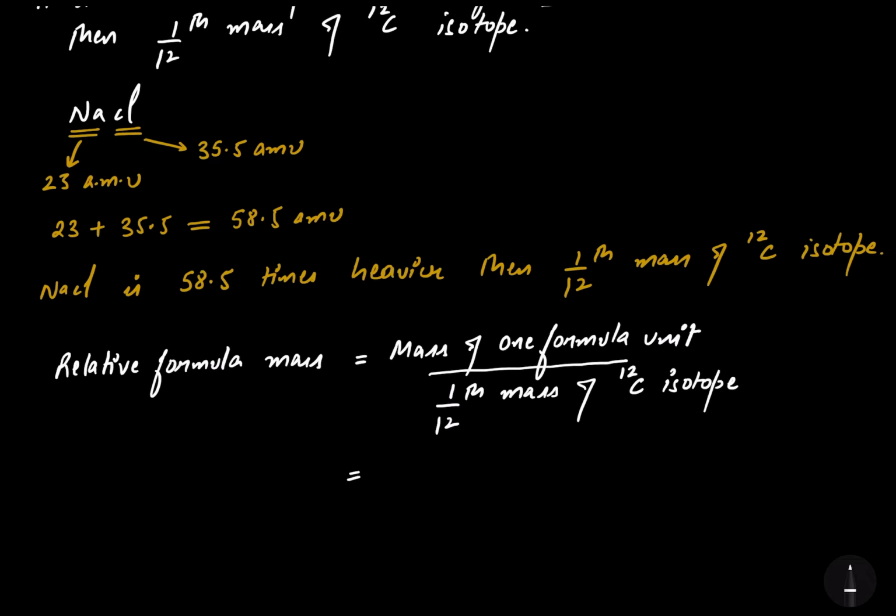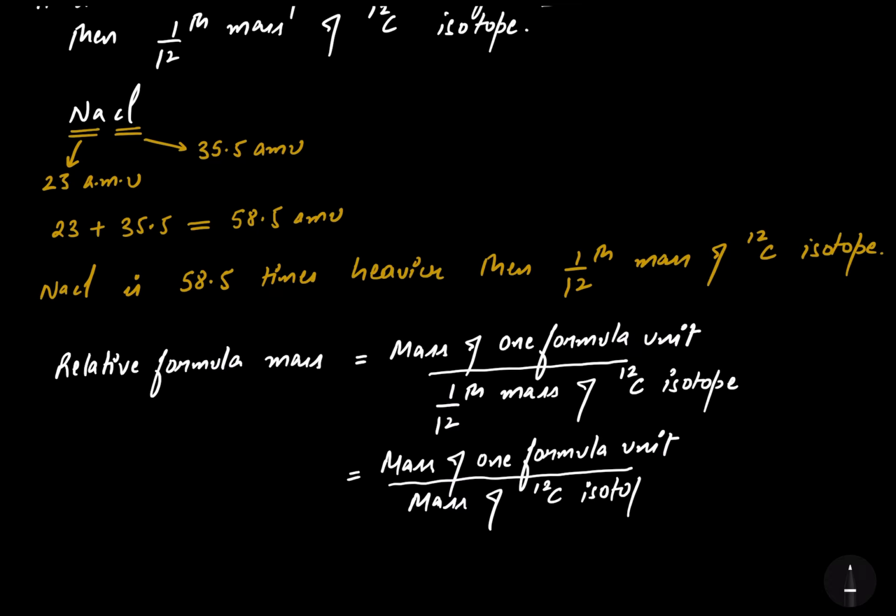It can be further simplified as mass of one formula unit divided by mass of carbon 12 isotope into 12.